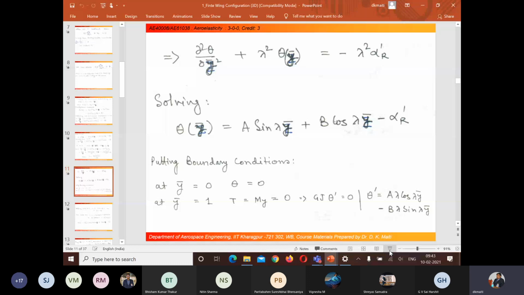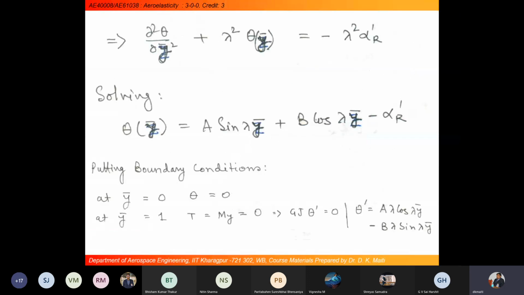So the boundary conditions we are going to substitute: at y bar equal to 0, theta is equal to 0. At y bar equal to 1, at the tip of the cantilever wing, the distribution of moment T should be equal to 0, which gives us GJ theta prime equal to 0, that is nothing but theta prime equal to 0.